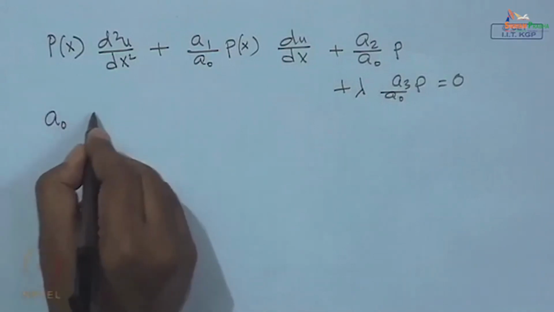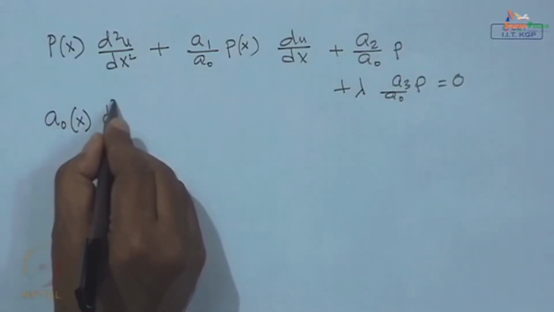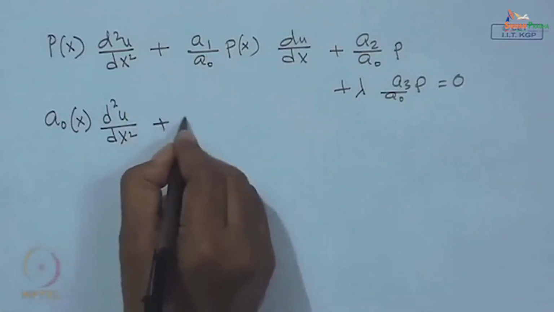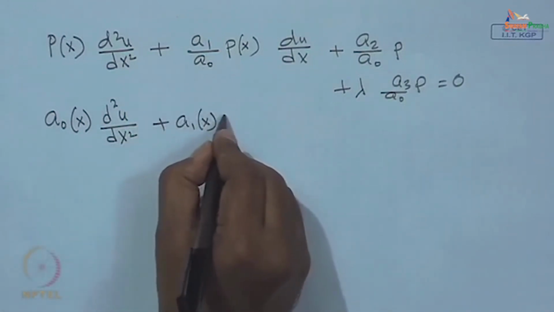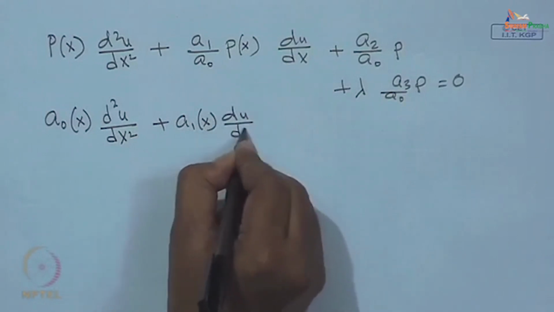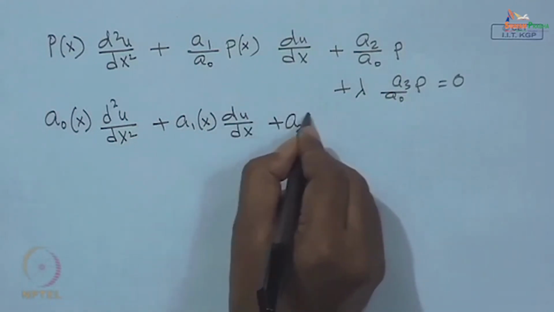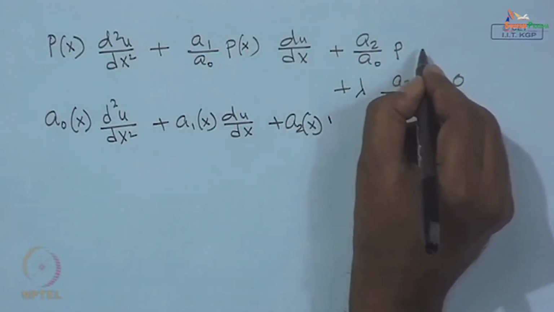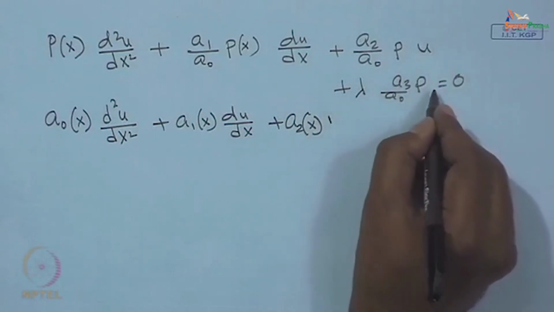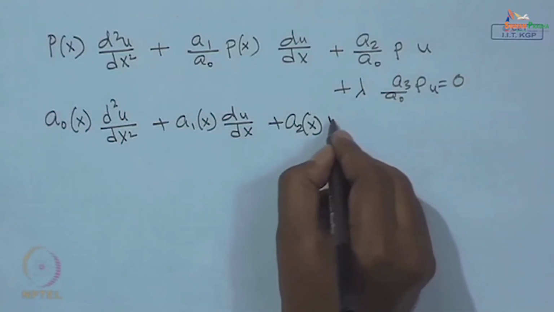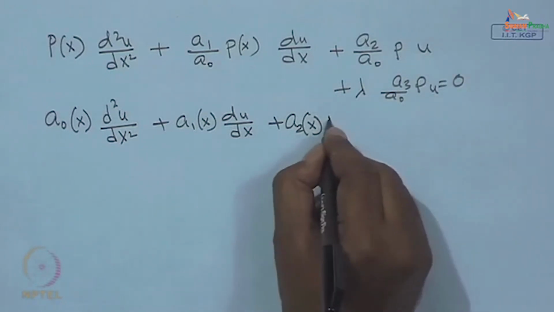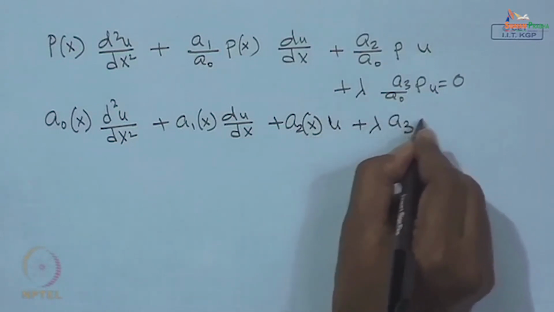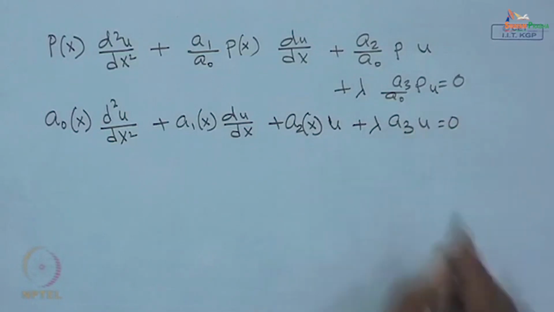Now, we have seen that in all the terms we have a common quantity, that is p of x. Okay. We divide both sides by p of x and multiply both sides by a0. So, what you will be getting is a0 as a function of x d square u/dx square plus a1 function of x du/dx plus a2 function of x u plus lambda a3 u is equal to 0.